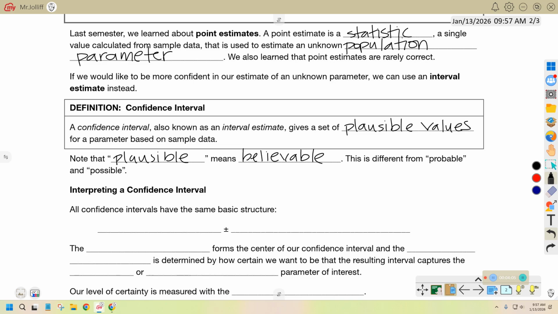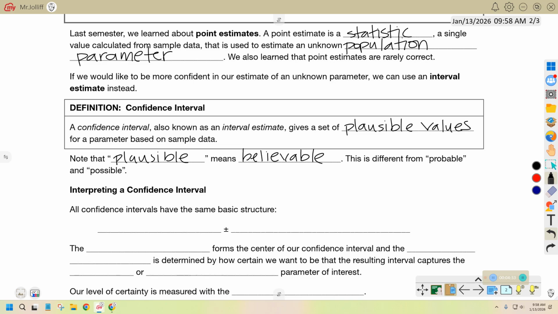Saying that the average height of students at Rancho San Juan is 5'7", that's a plausible value based on what we see in the hallway. Saying that the average height of students at Rancho San Juan is 3'2" is not a plausible value, because you walk out in the hallway and you can see that almost everybody in the hallway is taller than 3'2". So plausible means believable based on what we know about our population.